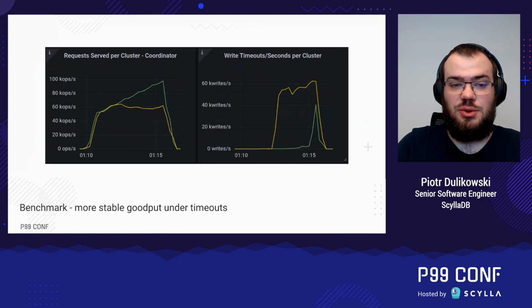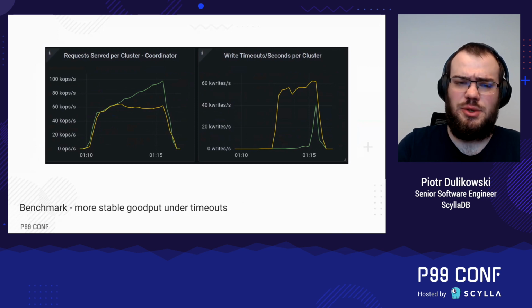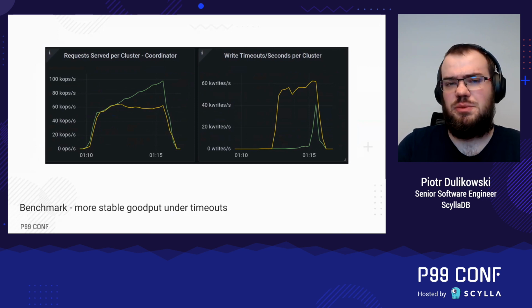The slide actually shows two runs of the same benchmark, superimposed on the same charts. One for ScyllaDB 5.0.3, which handles timeouts in the old slow way, and the other for ScyllaDB 5.1.0 release candidate 1, which has exception handling improvements.